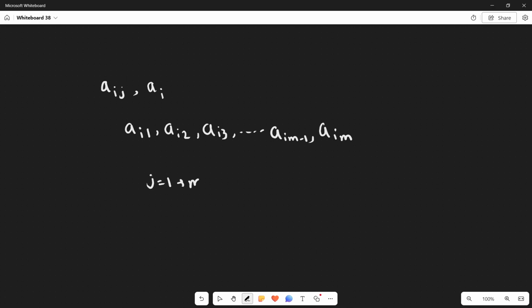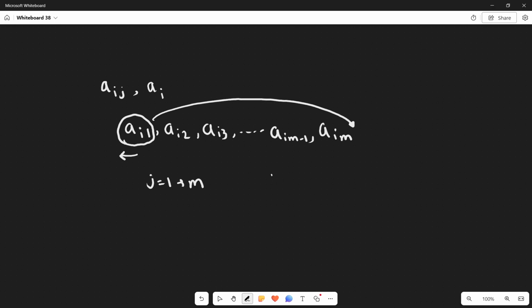So suppose this is your row: a_i1, a_i2, a_i3, and so on up to a_i,m-1 and a_im. For every j from 1 to m, you are shifting it one cell towards the left, and moving the first element to the rightmost cell.